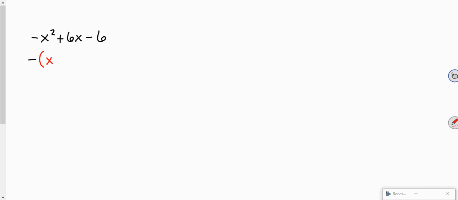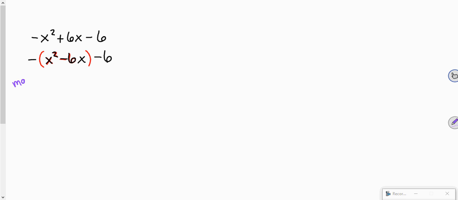I've got x squared minus 6x, and then minus 6. The first term and the middle term change signs because I factored the negative out.